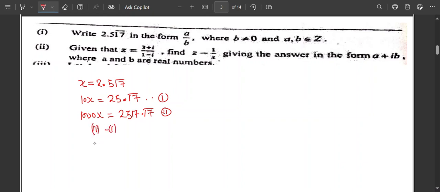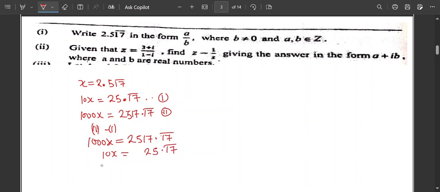When you subtract, it gives you 1000x minus 10x is equal to 2517.17 bar minus 25.17 bar.